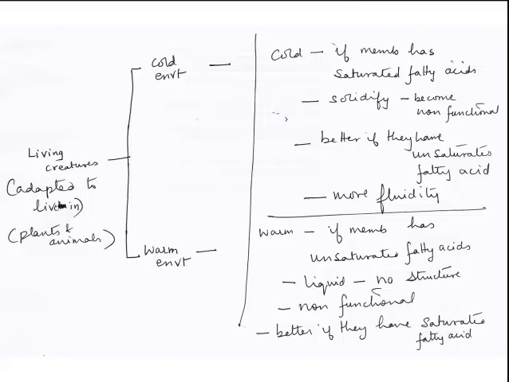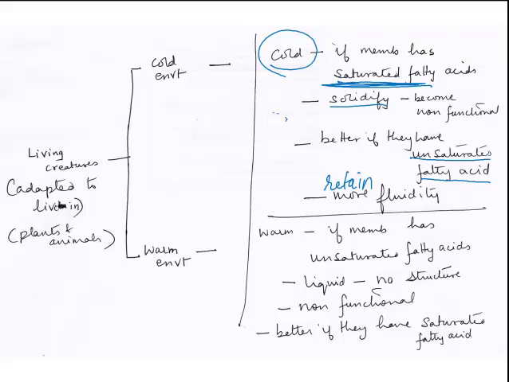If it is a cold environment, and if the membrane has saturated fatty acids, it will solidify. It will become non-functional completely. So it is better for these animals to have some amount of unsaturated fatty acids, which will retain more fluidity.